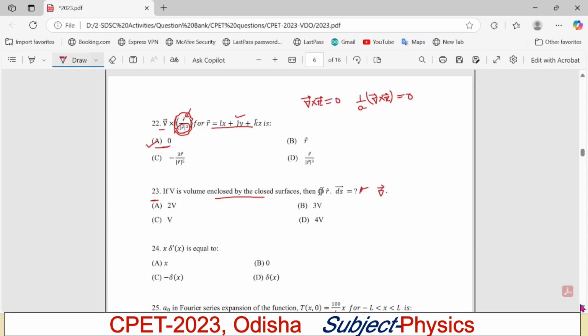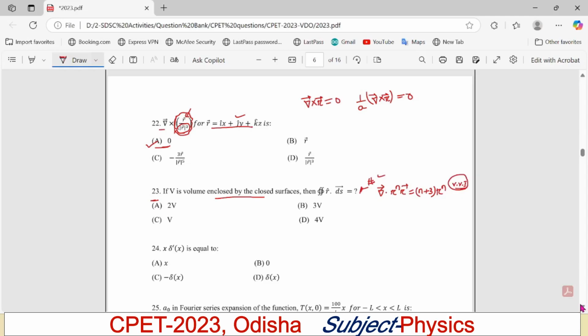First, divergence of r to the power n r vector is equal to n plus 3 into r to the power n, which is most important formula. Always it will be required for different numerical. So I suggest you always remember this formula. It will be useful for other numerical also, and this formula we are going to use for this question.